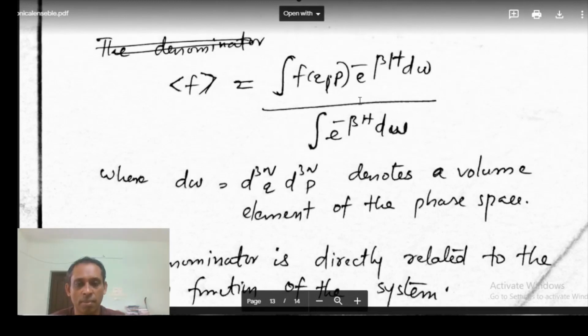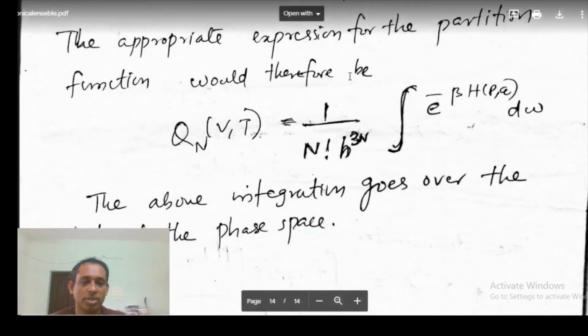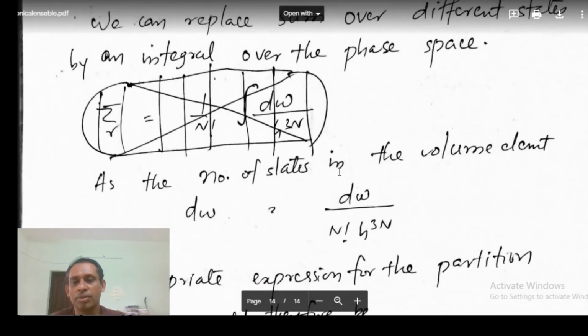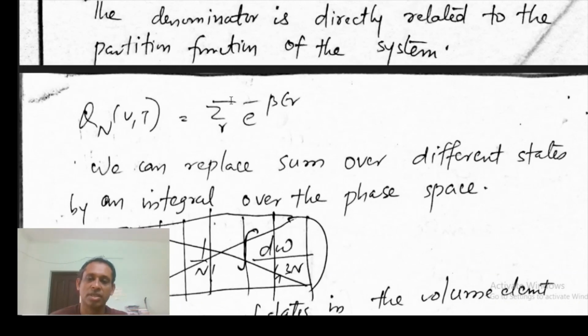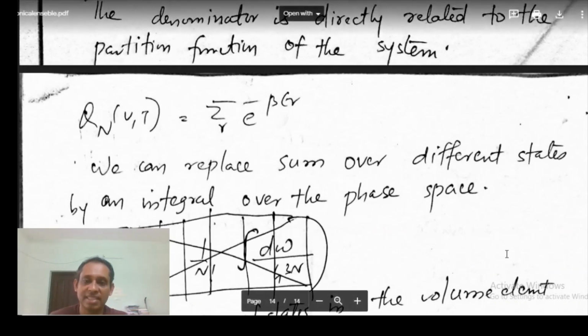The denominator is the partition function. So I have this quantity, and when I compare it with the partition function for the system in this expression, there I have the sum over the states.